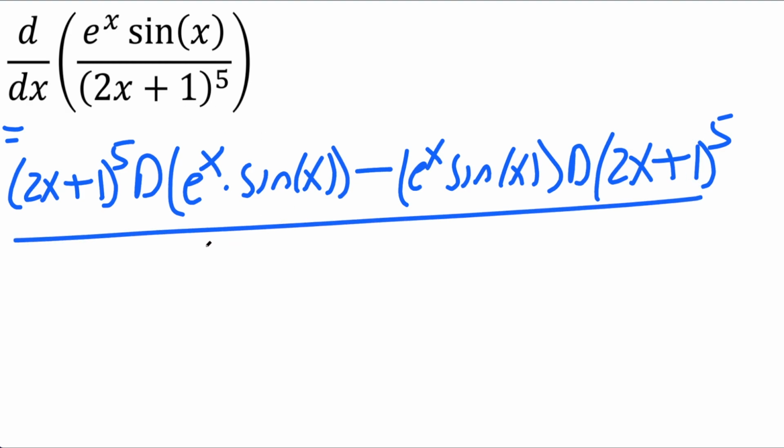So we're going to square the denominator. So we have (2x + 1) raised to 5, whole thing, we have to square it.